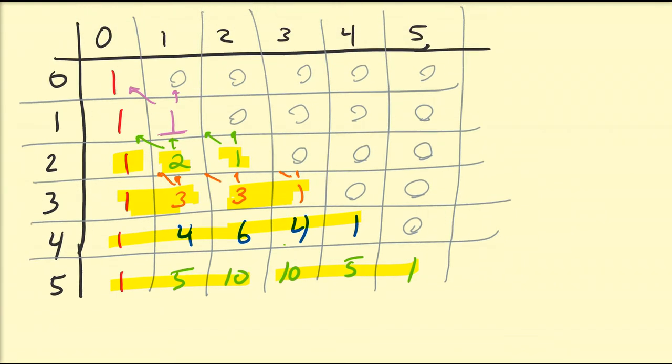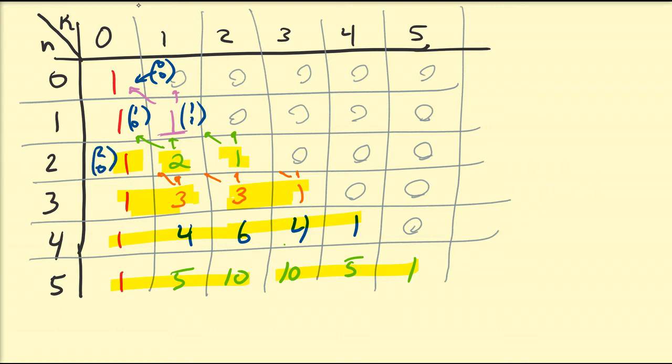So the connection is, K is the column number and N is the row number. So this number here is 0 choose 0. This is 1 choose 0. This is 1 choose 1.